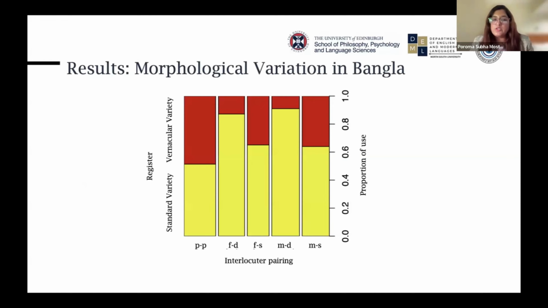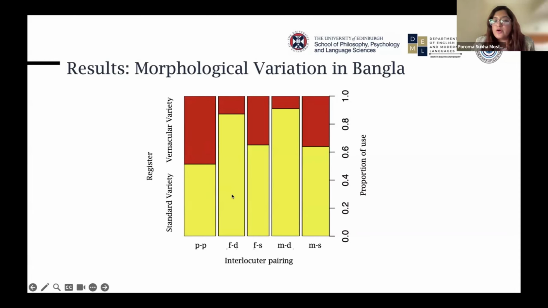When we looked into the actual use, or proportion of usage, of the morphological variation, we saw that when it's parent to parent, it's quite similar, with no particular difference between the vernacular variety and the standard variety.